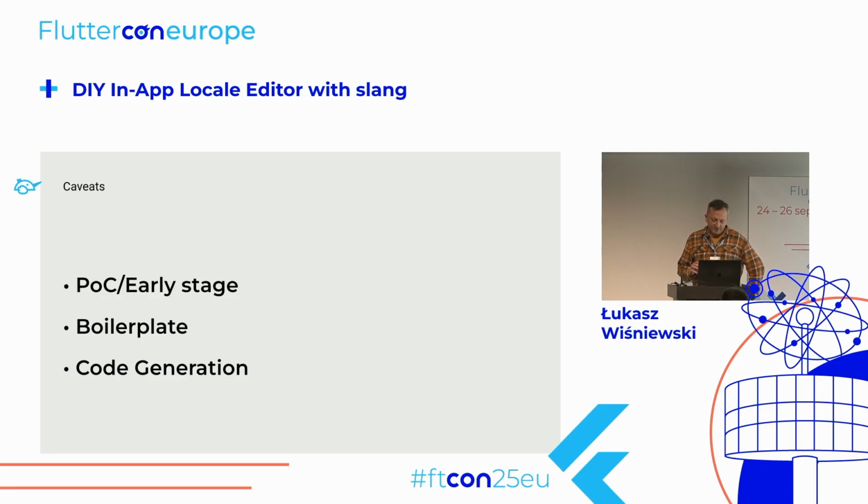To build on top of that, you need more code generation. And I mentioned Slang is a powerful library. I've only used a subset to build this tool, so you might be limited in the usage of Slang, but it's open source, so you can always improve it.